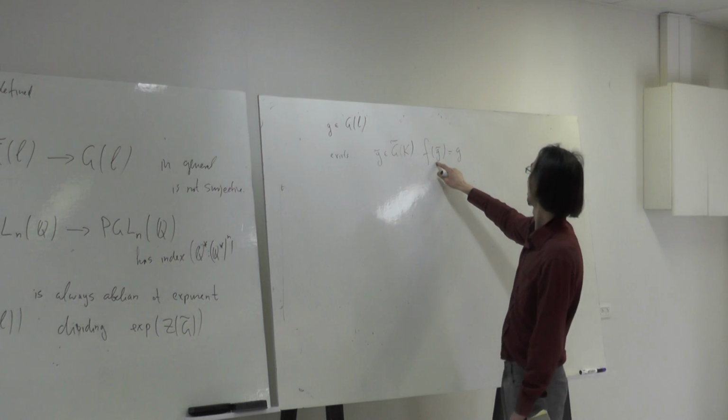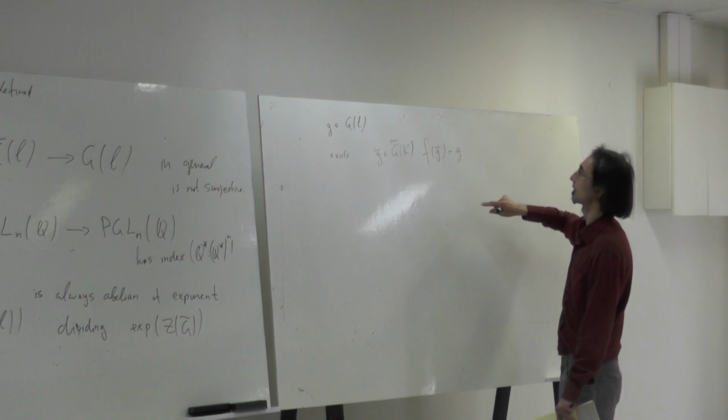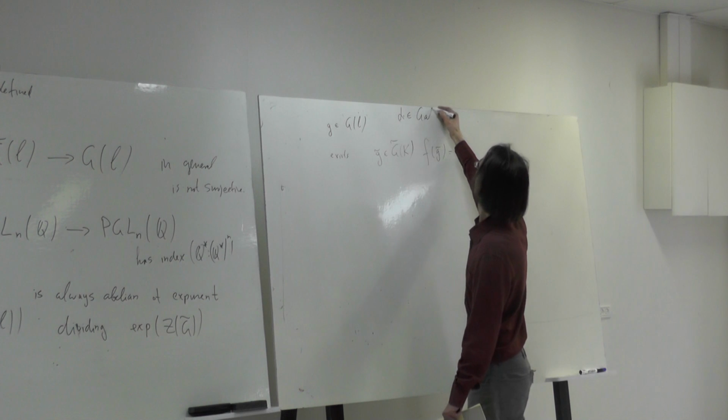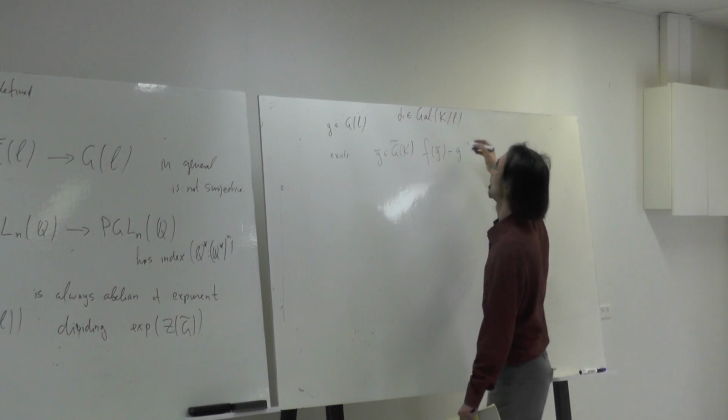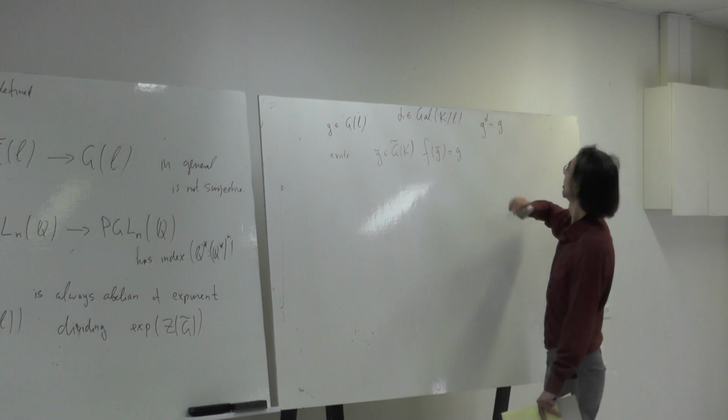And then what does it mean that this is in G(L)? This means that for any automorphism alpha in the Galois group of K over L, g^alpha is equal to g.